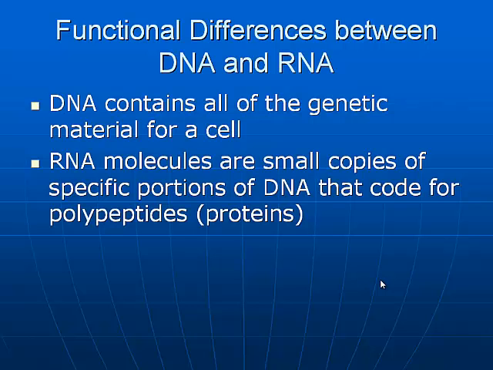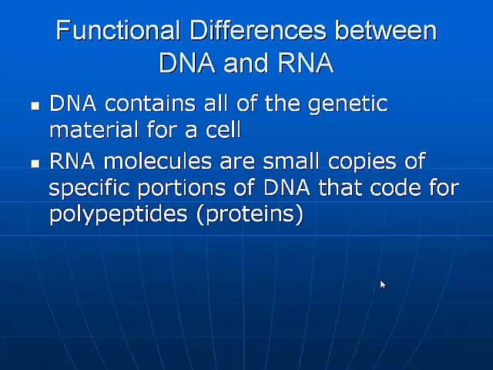Say you have a building that you want to be built, and the master plan is contained back at the architectural firm or the offices, whereas RNA molecules are small copies of specific portions of that DNA that code for polypeptides, which are also known as proteins. So RNA would be like the blueprint, or small, inexpensive copies of the master plan that you can take to the actual site to make the building.